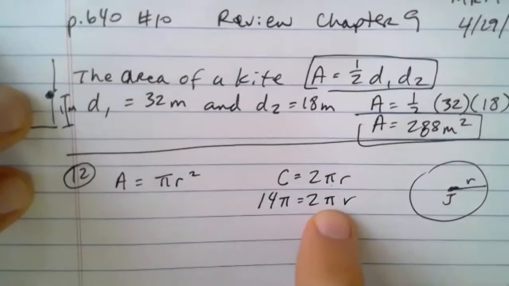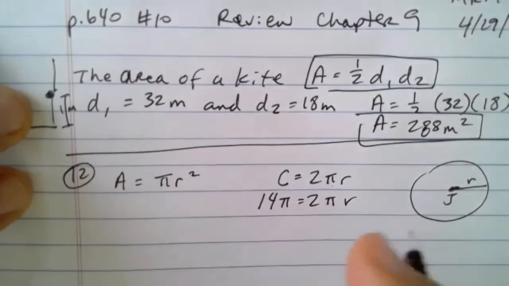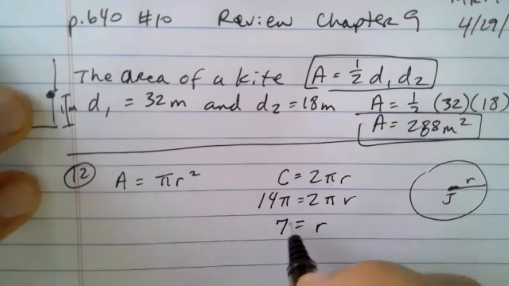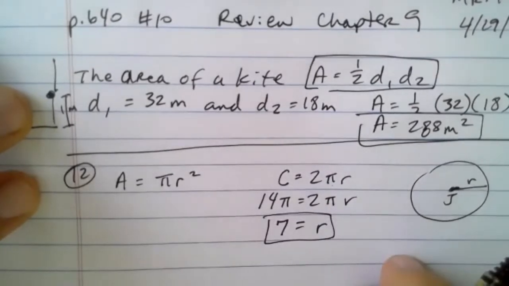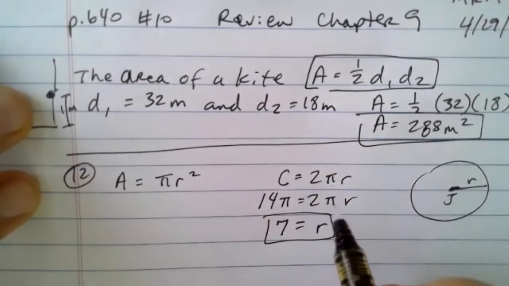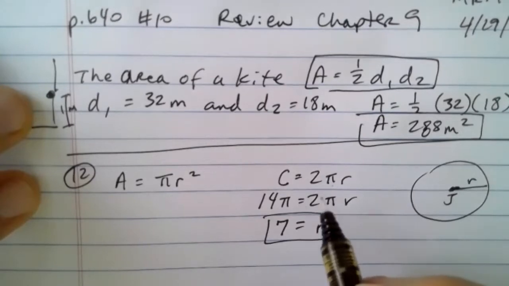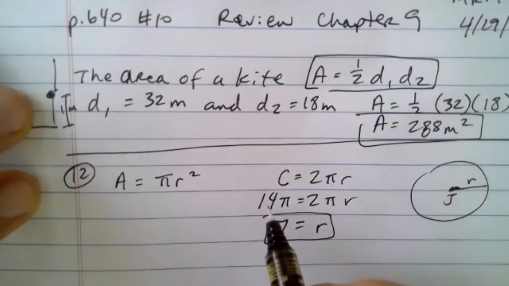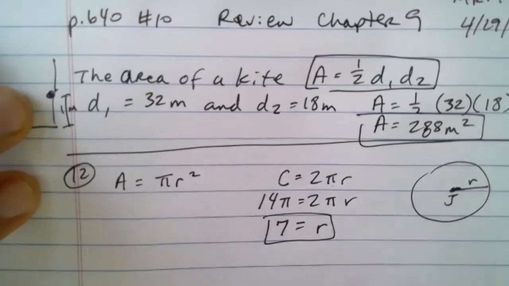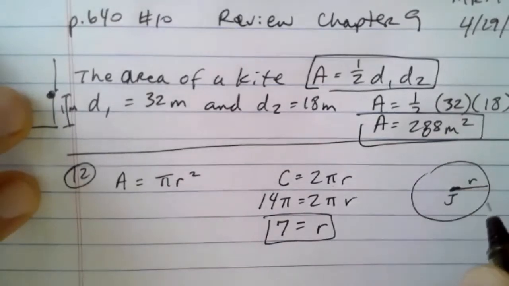Now check this out. I can divide both sides because I've got a common factor of 2 pi. I can divide both sides by 2 pi, and look what I get. Done. Look how fast that was. Obviously, the 2 pi goes away. Divide 14 by 2, you get 7. Divide pi by pi, that goes away. So your radius is 7.